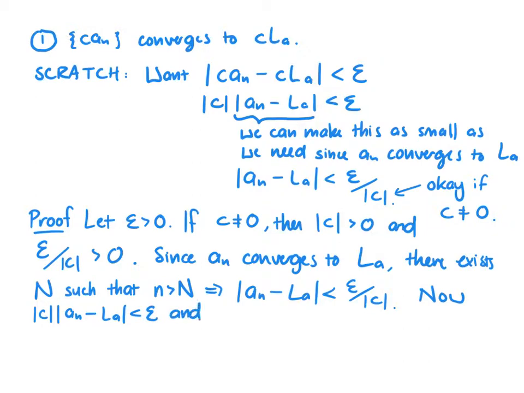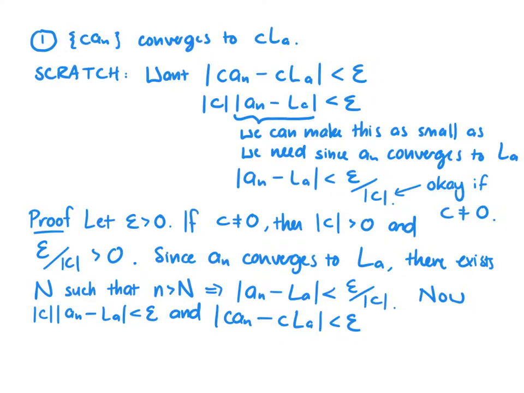I'm really just working backwards through my scratch work here. This becomes C a sub n minus C L sub A is less than epsilon. And here is where I needed epsilon. The statement is supposed to be that for any epsilon greater than 0, I can find capital N so that C times a_n is within epsilon of C times L_A.